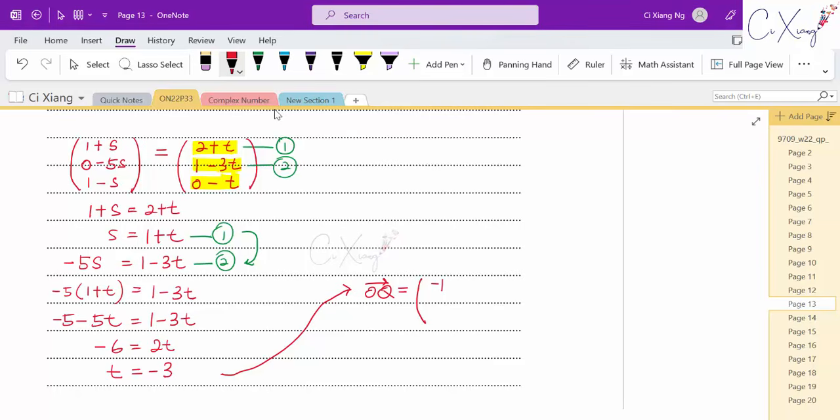Then 1 minus 3 multiplied by negative 3, I have 10. And then 0 minus negative 3, I get a positive 3. Basically, if you rewrite your position vector for Q again, it will be negative i plus 10j plus 3k.